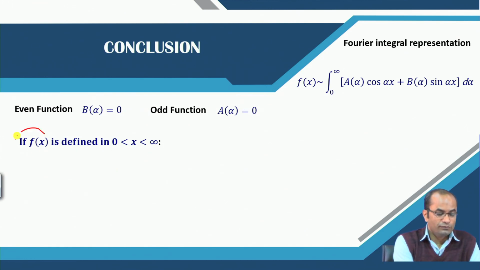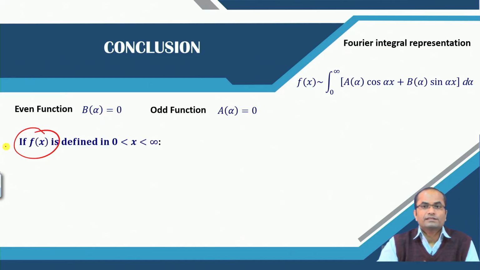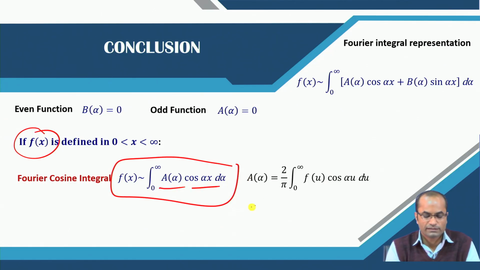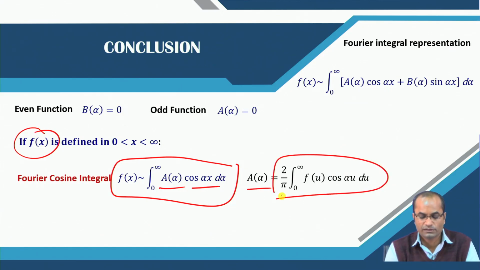So, if we want to write f(x) in terms of only the sine integral, we will extend it as an odd extension, and if we want to have the cosine integral, we will use an even extension. For the Fourier cosine integral, the formula finally becomes a(alpha) cos(alpha x), where a(alpha) can be computed with this rather simple integral.